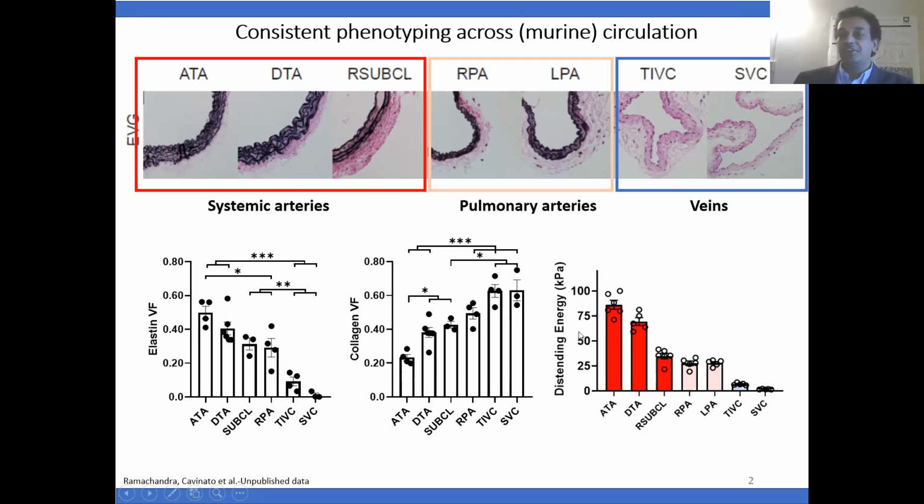If you do the mechanics and look at the stress-stretch curves and compute the energy associated with distending the vessel, you will see that the energy associated with distending the ascending aorta is very high, and it drops as you go down the vasculature. Again, all of this is governed by function. The ascending aorta has to store blood during systole, the initial part of your cardiac cycle.